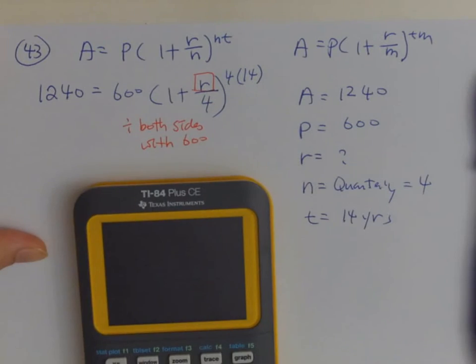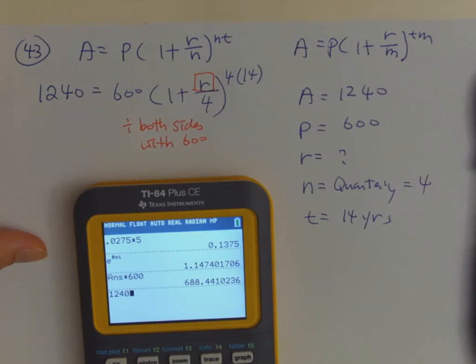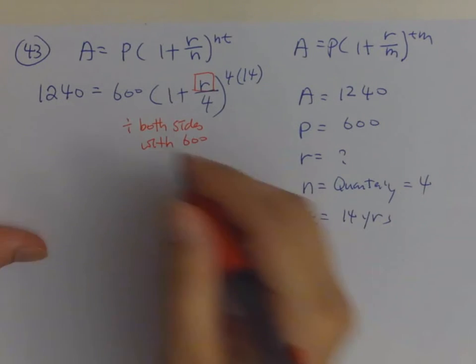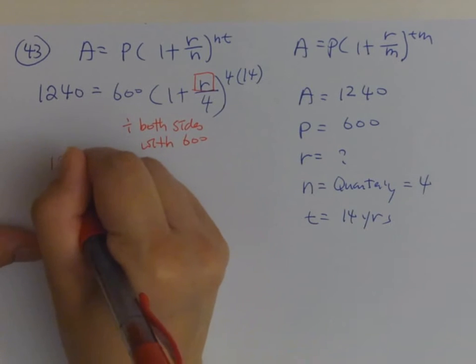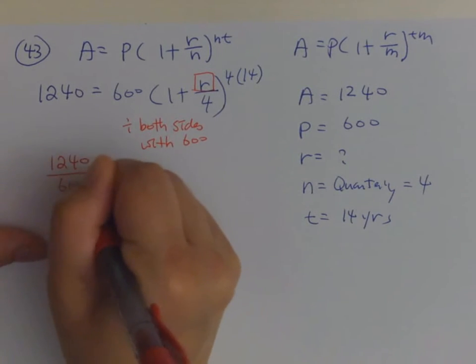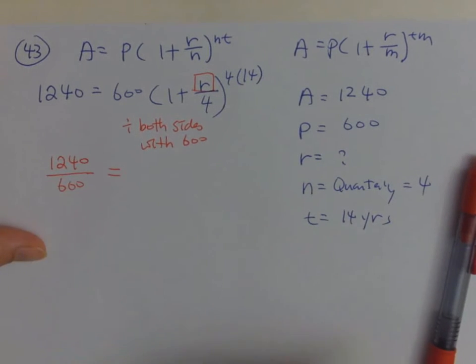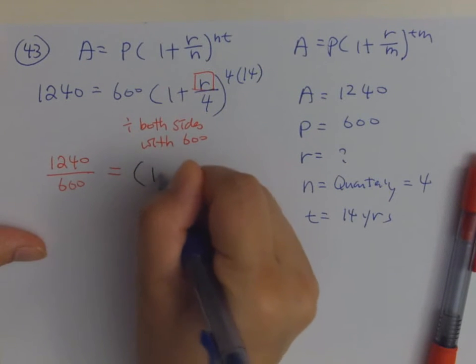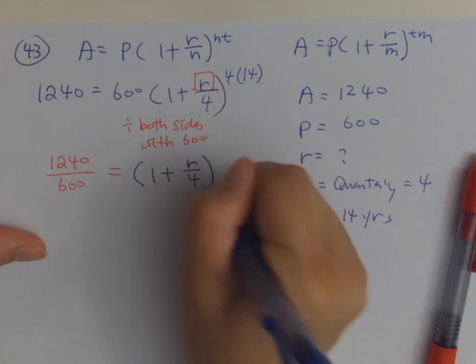So let me see first: 1240 divided by 600, is it a nice number? It's not a nice number. So if it's not a nice number, we probably will just leave it in fraction form, 1240 over 600. Otherwise, you will lose a lot of information if you round it at this point. Equal to 1 plus r over 4.